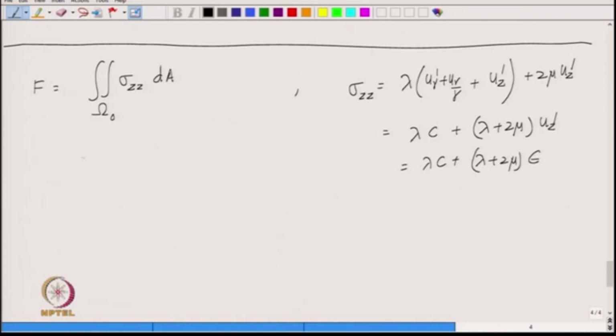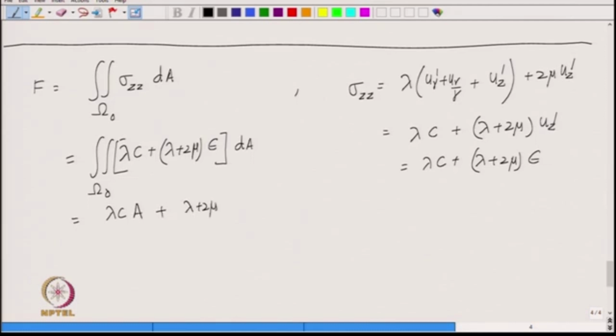So, we can simply write it here, and it becomes integration over omega naught of lambda c plus lambda plus 2 mu into epsilon. So, this is a constant, right. So, it simply comes out of the integration, and this becomes lambda c into the cross sectional area A plus lambda plus 2 mu times epsilon into the cross sectional area A, all right.